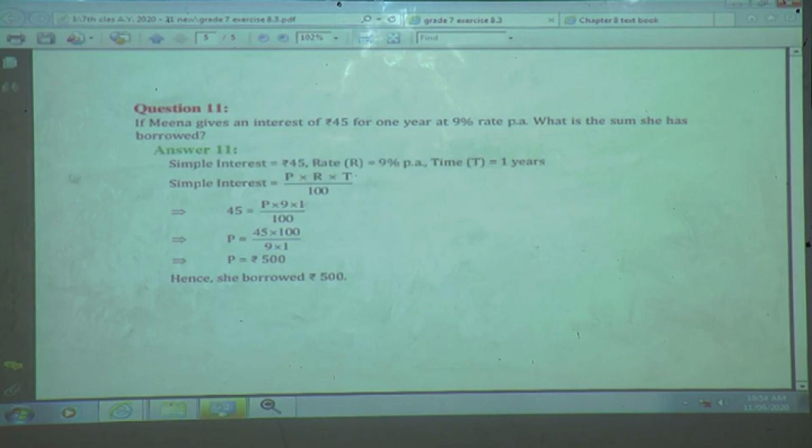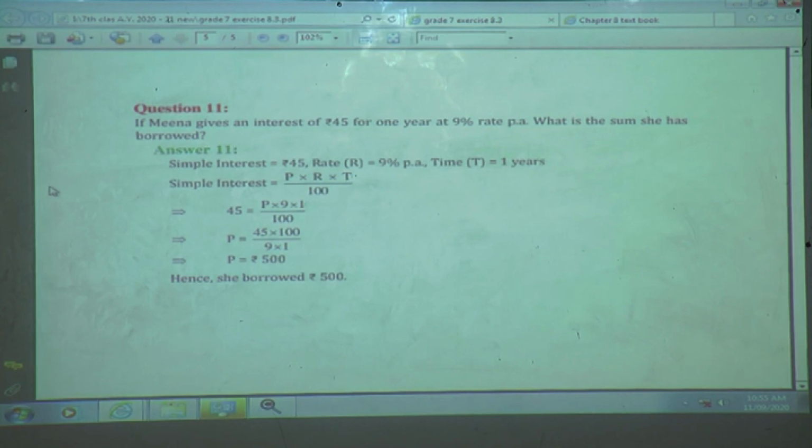Borrowed means what amount she has taken from the bank when she is paying interest of 45 rupees at the rate of 9% per annum, which means it is for 1 year. So here we can write the time period is 1 year.